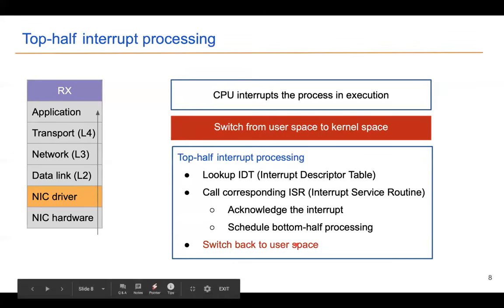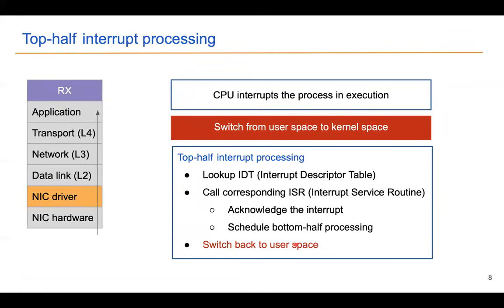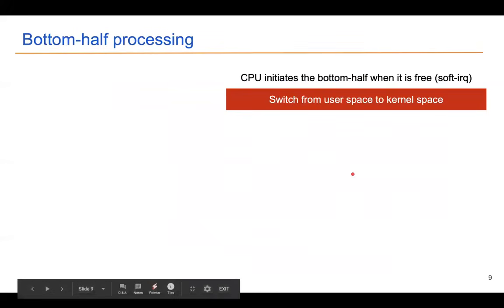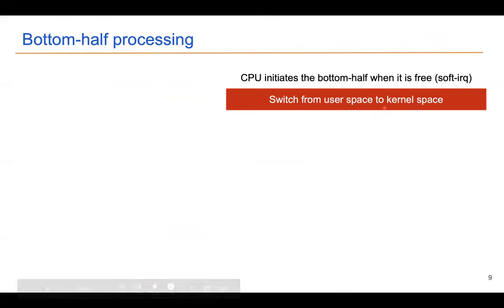The CPU switches back to user space and continues with the interrupted user process. The CPU schedules the bottom half processing when it is free. That is, it services the software interrupt, which is also called soft IRQ. The CPU context switches to the kernel space to service this software interrupt.